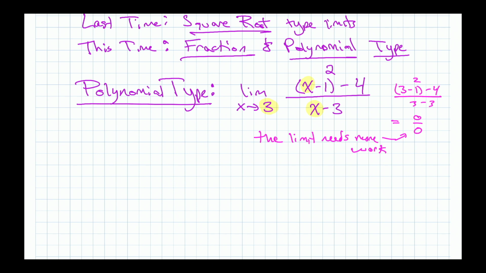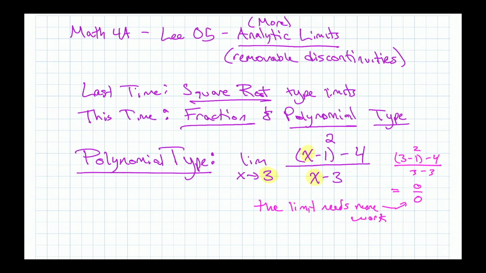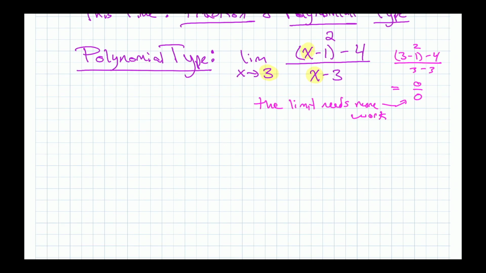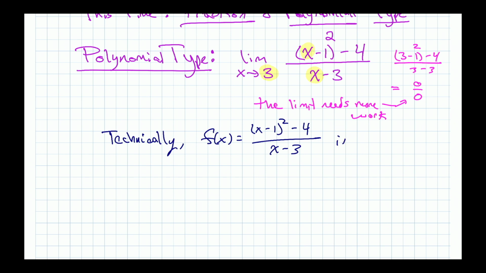Now, just before we get started on it, I want to mention the discontinuity part here. Discontinuity. So the idea is that this function is not continuous, right? If you write out this function, just without the limit, it is not continuous at x equals 3.